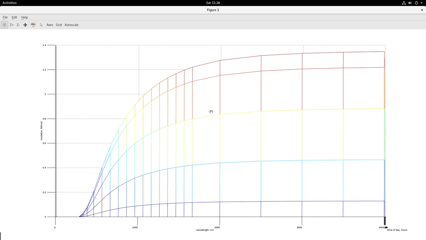Here I have recomposed the insolation graph. Instead of the plot function, I have used the mesh function and plotted the insolation using time as a parameter. So you see here a family of curves. The x-axis of course is the wavelength and the y-axis is the insolation in kilowatt per meter square.